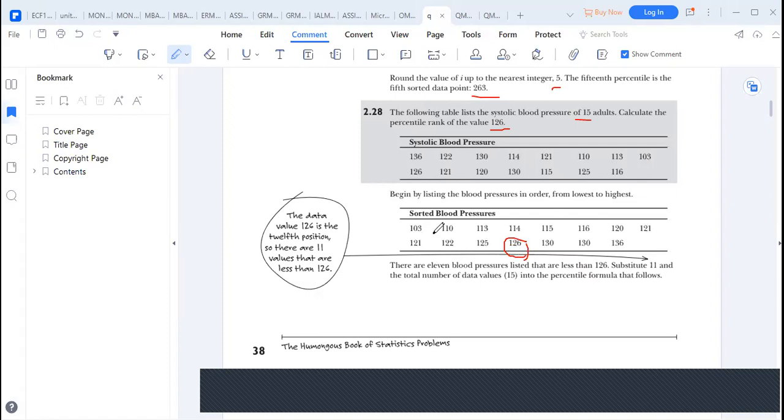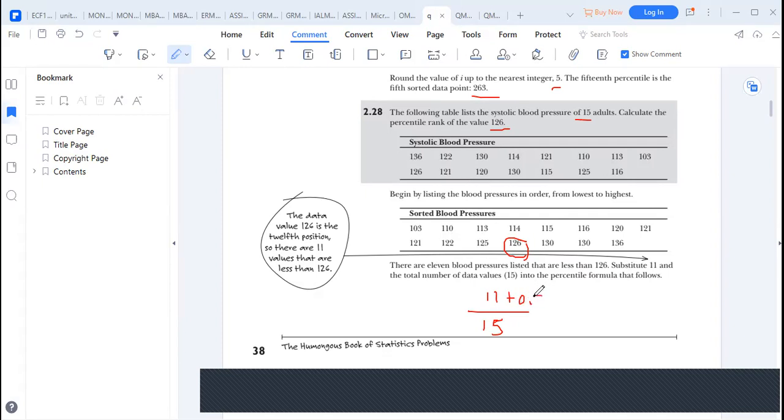So since it's an even number, we have 1, 2, 3, 4, 5, 6, 7, 8, 9, 10, 11. So the 11 numbers that are before 126. So we put 11 over the 15. But since this was a 12th number, which was an even, we add a 0.5 there.